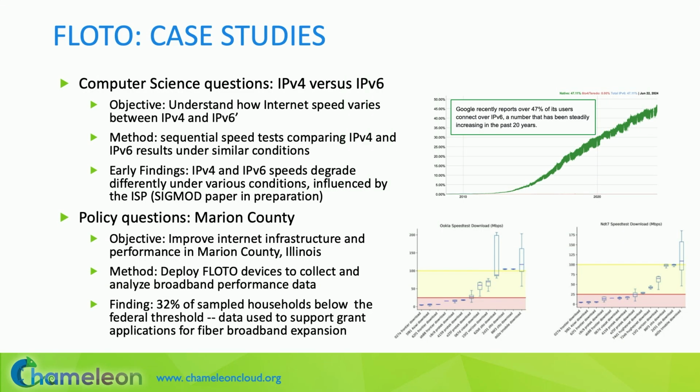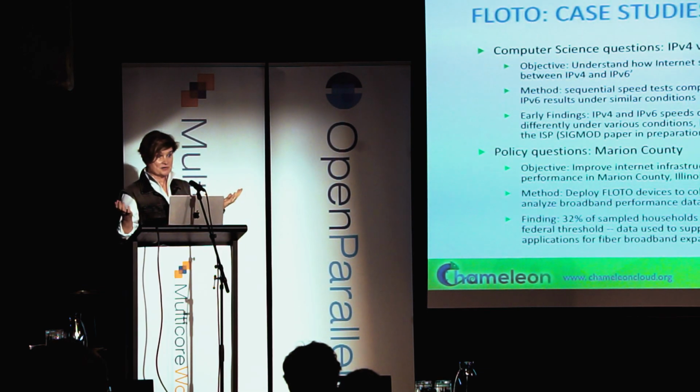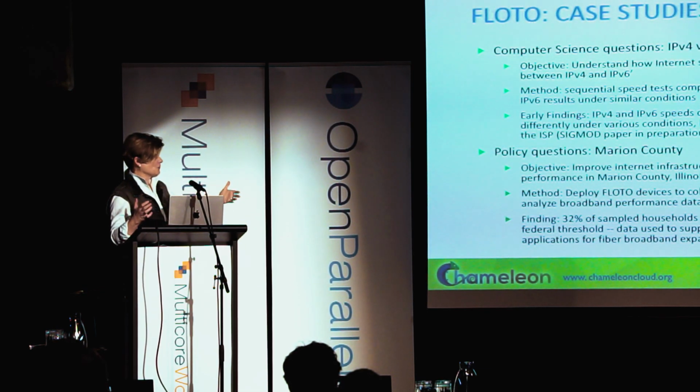Second example is policy questions. We actually had quite a few results in this space. This is a result from Marion County, where we deployed a few dozen devices. What they showed is that the broadband access in Marion County in about a third of the sampling was below the FCC threshold.